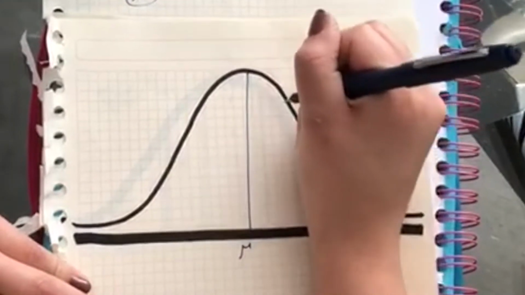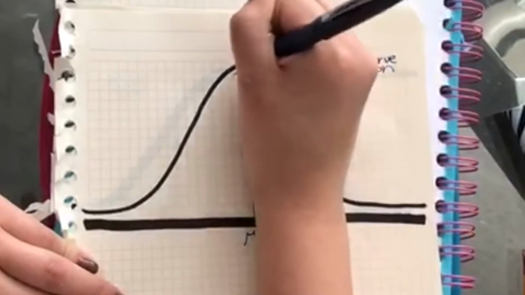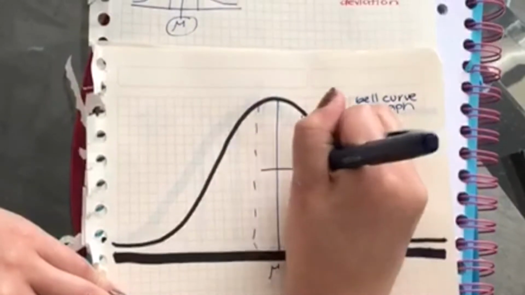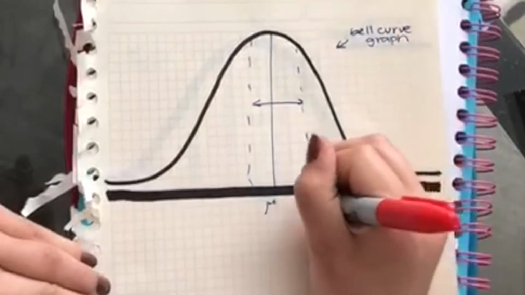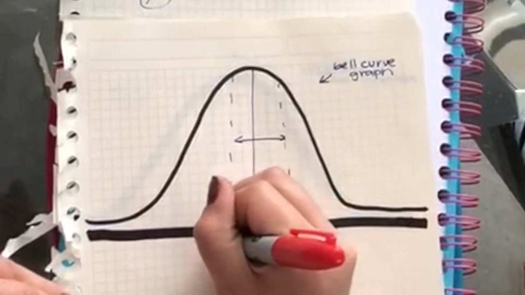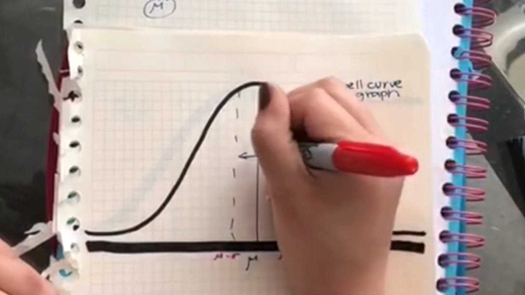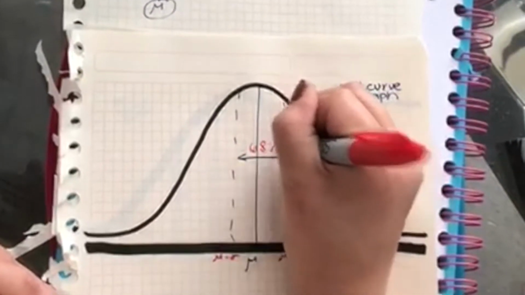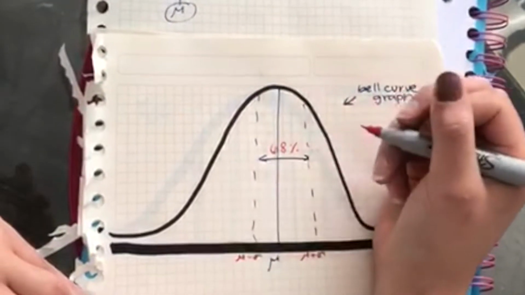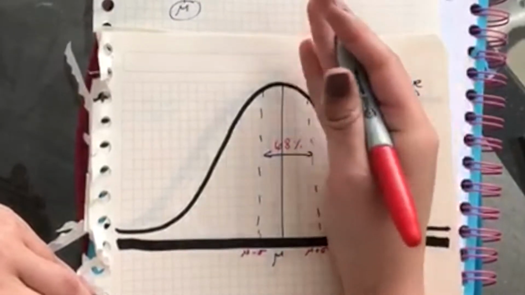So if we go 1 sigma above mu and 1 sigma below mu, this will be mu plus sigma and mu minus sigma, and this will equal 68%. So you have a 68% probability that your data will be within 1 sigma.